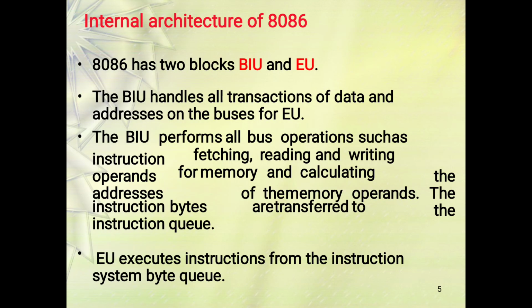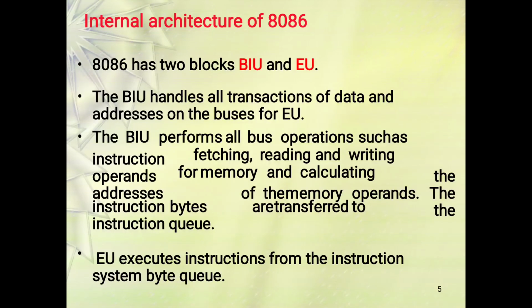Right, internal architecture of the 8086. Here it is given. It has 2 blocks: one is the bus interface unit and the other is the execution unit. The bus interface unit handles all the transactions of data and addresses on the buses for the execution unit.